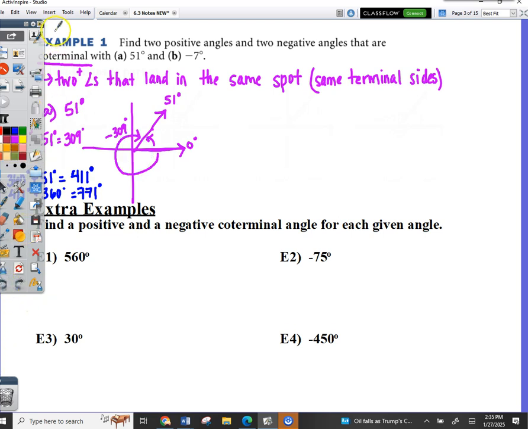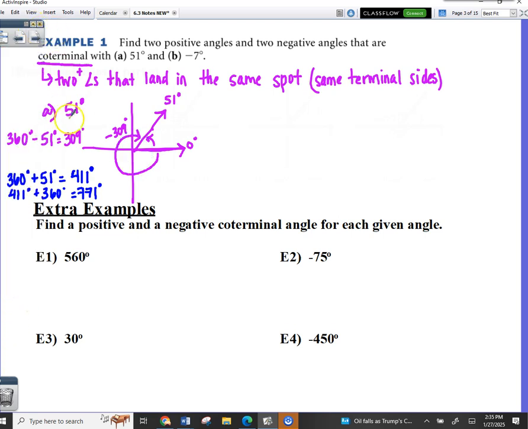Now, how do you think I can get another negative? Come back over here to the idea of this negative 309. That was me dropping this way and then stopping. Watch this. Drop this way. I landed here, so far that's negative 360, right? Because I went clockwise. And then I could keep going to land right there.